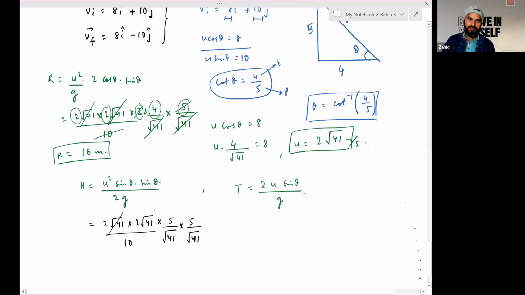This root 41 will cancel out with this part, and 2 into 5 will cancel out with this 10. So you're left with 2 into 5 only, which is 10 meters.